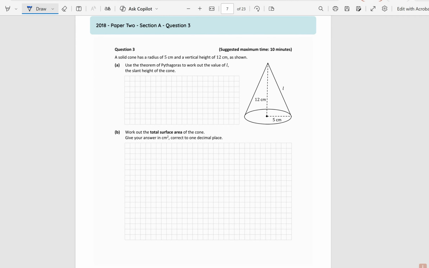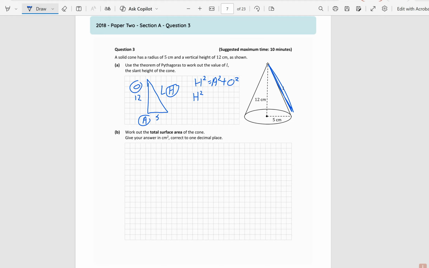Next one. So it's telling you what to do. Use the theorem of Pythagoras to work out the value of L. This is this bit here. So I will draw a triangle, 12, 5, and L. So this is our hypotenuse here, and then our opposite and adjacent. The opposite and adjacent doesn't matter in Pythagoras' theorem. So we have h squared equals a squared plus o squared.